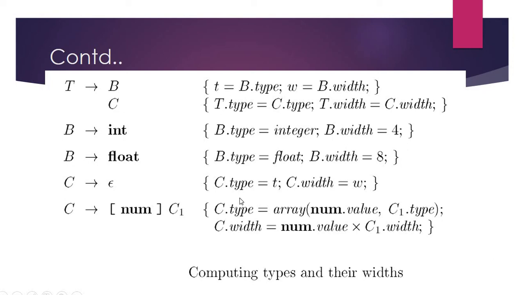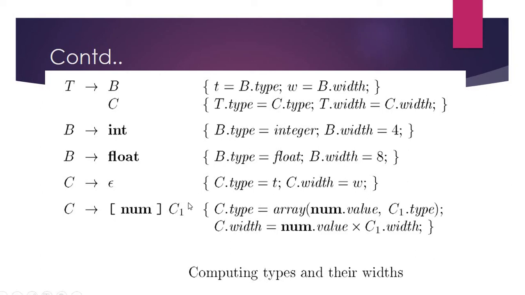So C.type is equal to T and C.width is equal to W, which we calculated here. If we use arrays, whether one-dimensional or multi-dimensional, we need to identify how much memory space is allocated and the type of each individual element in the array.